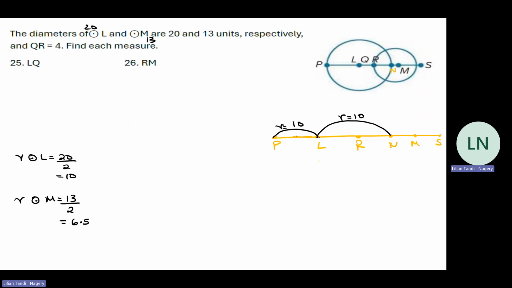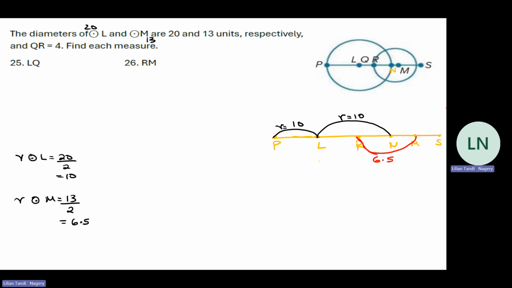So then we do for circle M. Who is the radius of circle M? RM. RM is the radius for circle M, and this is 6.5.